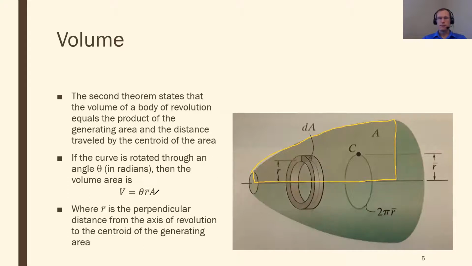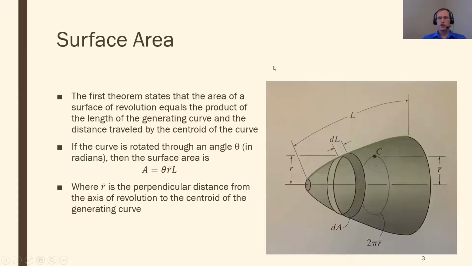There's a slight difference here. They're both called R bar, but in this case I'm looking at the centroid of this area, as opposed to the previous case when I dealt with surface area, where the centroid corresponded to this line.